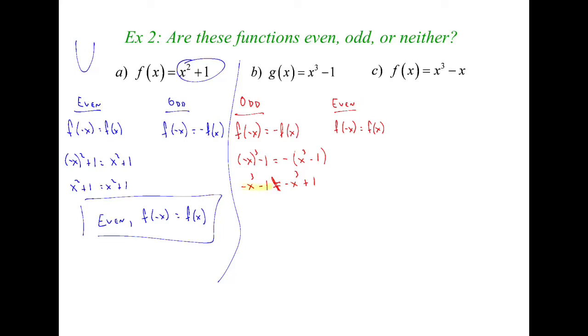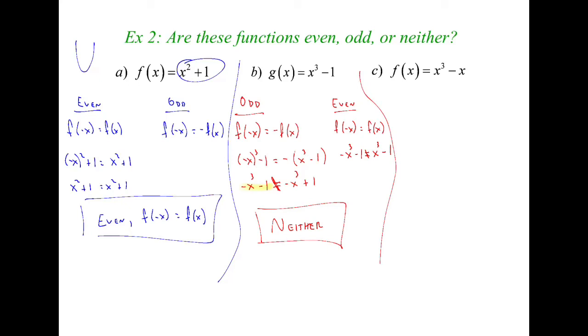We already know that that's negative x cubed minus 1, and the original function was x cubed minus 1. So you can see that those are not equivalent as well. So this is neither, because neither one shows that they are equal.